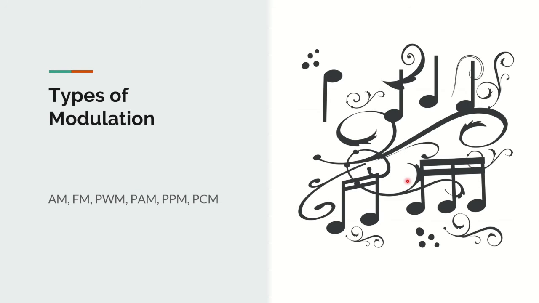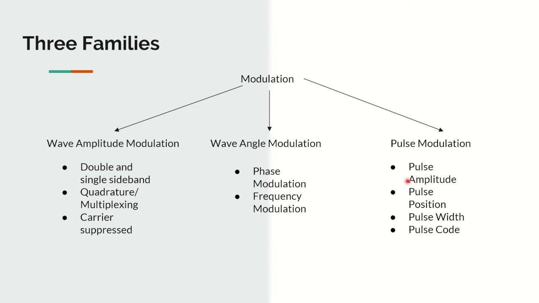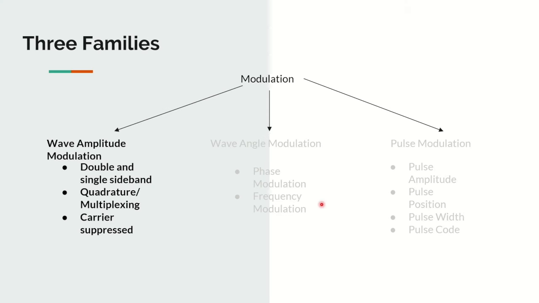So we will go over quickly the basic families of modulation that we have. There are many different types of modulation, but typically they fall into one of three families. As you can see here, we will slowly cover all of these families throughout the video. First, we're going to cover amplitude modulation or wave amplitude modulation.